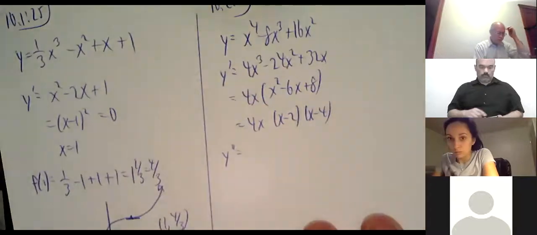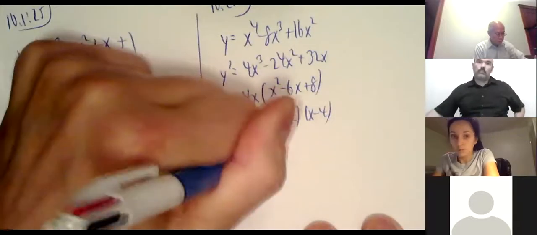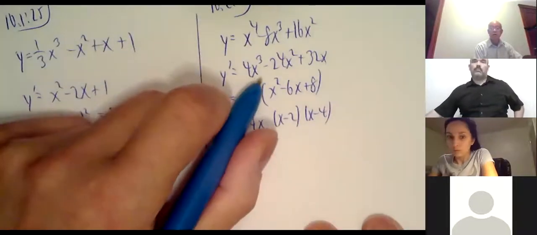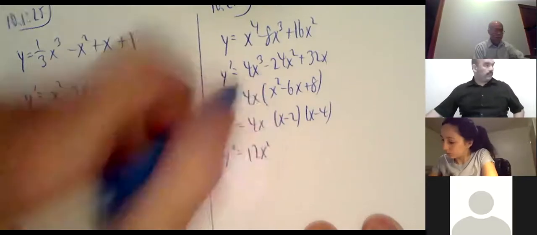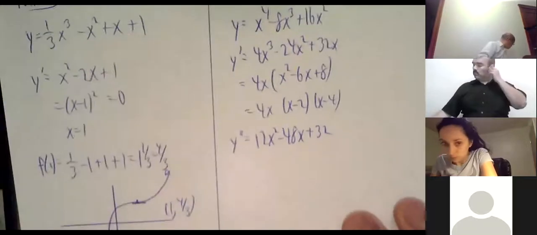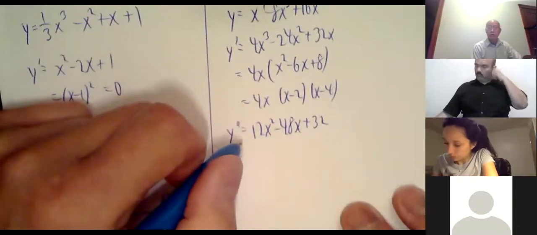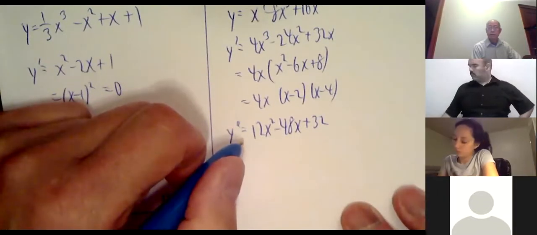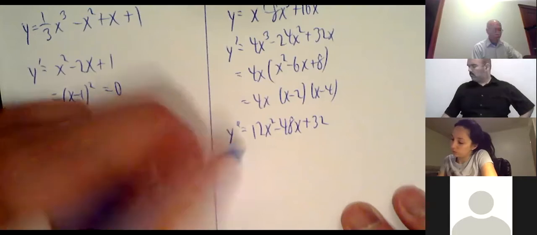And y double prime is 12x squared minus what? 48x plus 32. Oh boy, what can I factor out? 4.